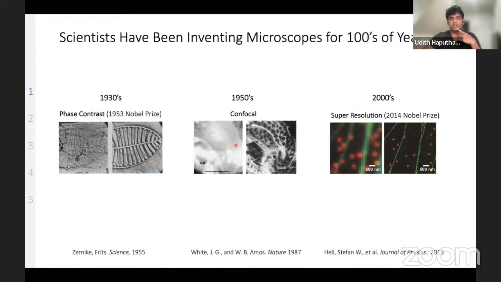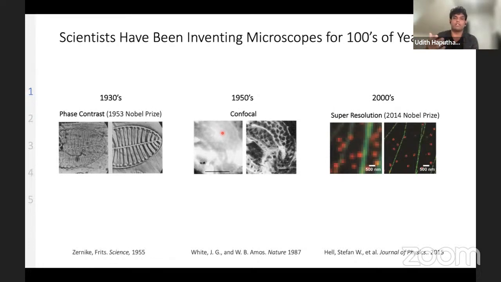The second one is confocal, and I will go into more detail on these microscopes later in my presentation. Here we have a thick sample and we need to image a middle plane of that sample.